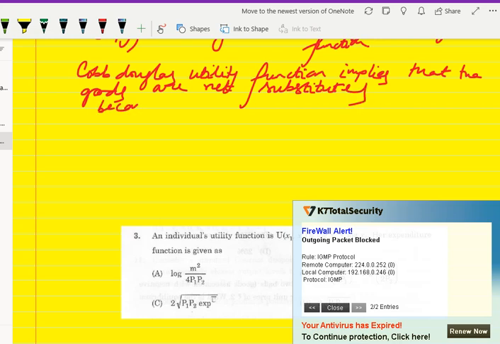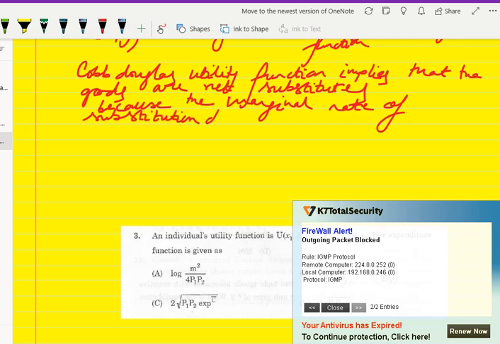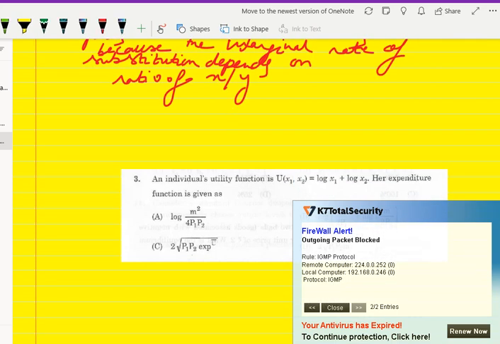Why? Because the marginal rate of substitution depends on the ratio of x and y. But the goods are not gross substitutes.